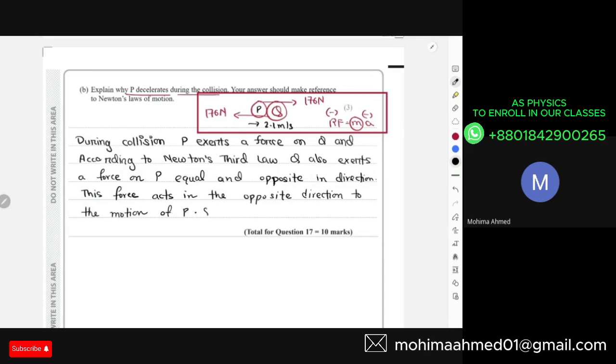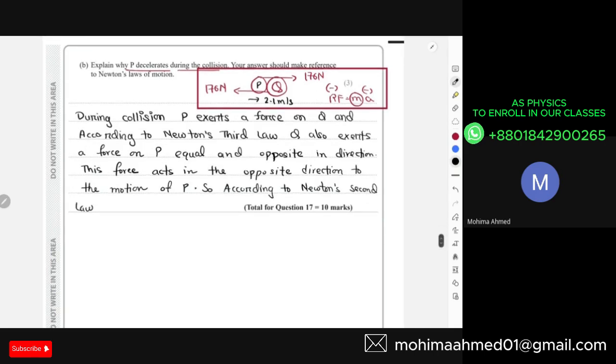So according to Newton's second law, RF is negative, acceleration is negative, or the particle decelerates.